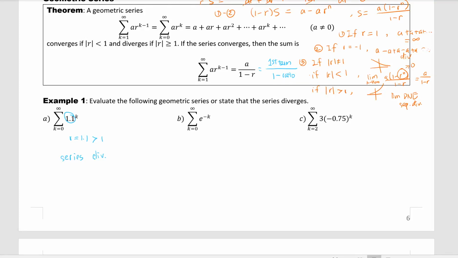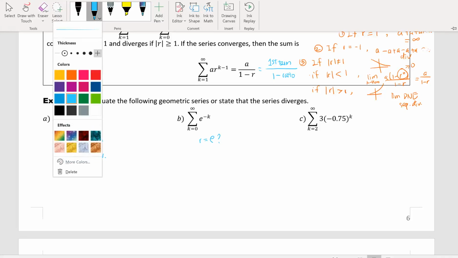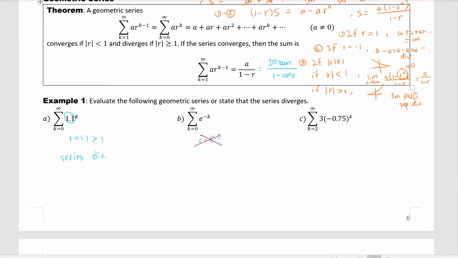Okay, and part B. What is r? Is r equal to e? No, actually not. So you can rewrite this problem as (e to the minus 1) to the k. So that is (1 over e) to the k. So your r is actually 1 over e, which is less than 1. So the series converges.